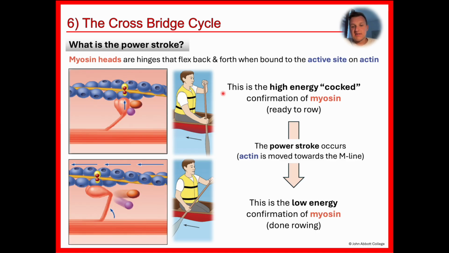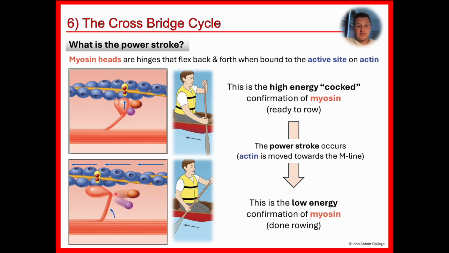This is what I think of in the kayak: you're at the front of the water, ready to paddle and row. So this is the ready to row position, and then once it's in this position, the power stroke occurs and actin is moved towards the M line.